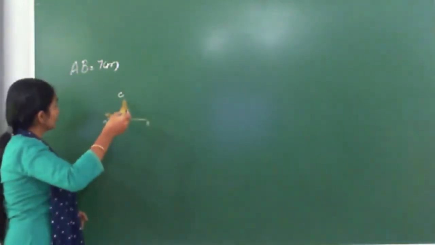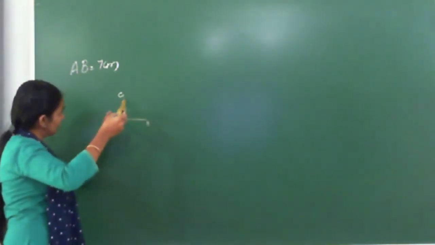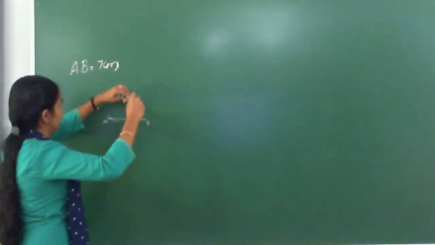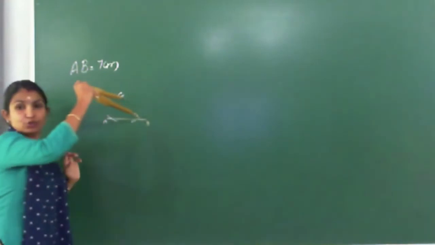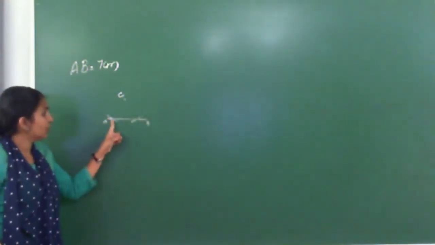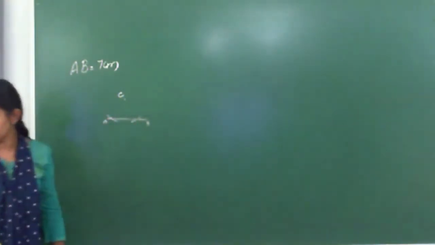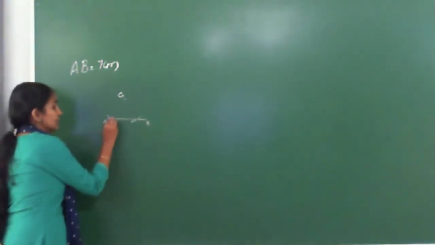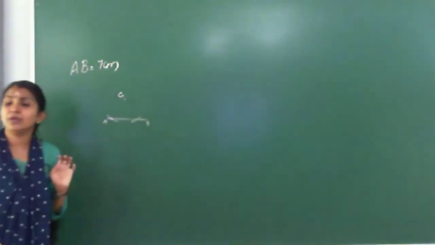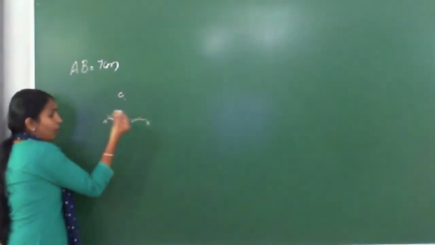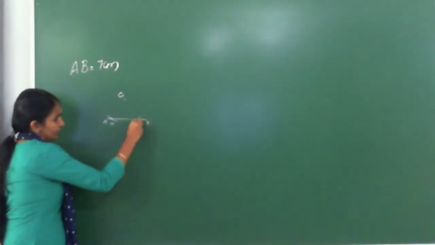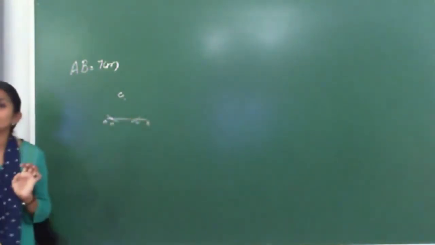So, I am just going to cut it in two places. So, I got the required arc. We got 2 points here. If you want, you can mark them as P and Q or M and N, it's up to you. I just marked it as MN. So, we got 2 points.